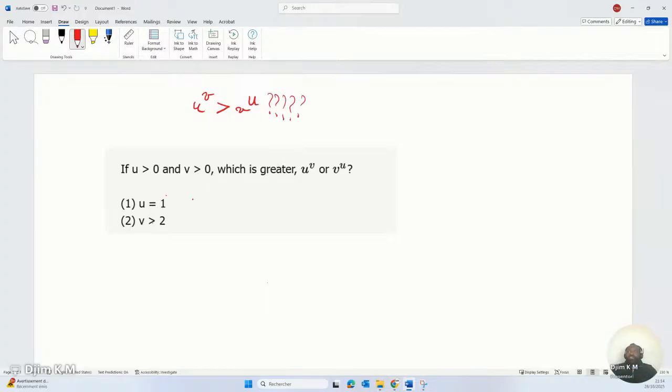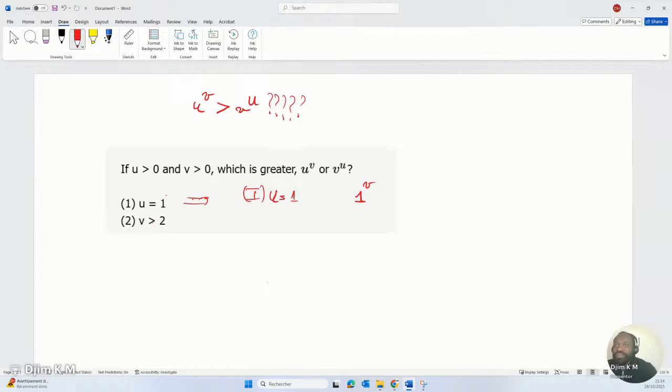Okay, so the first condition says that u is equal to 1. So that's for sure. We know the value of u. So if u is equal to 1, that means that we will have 1 to the power v like this.